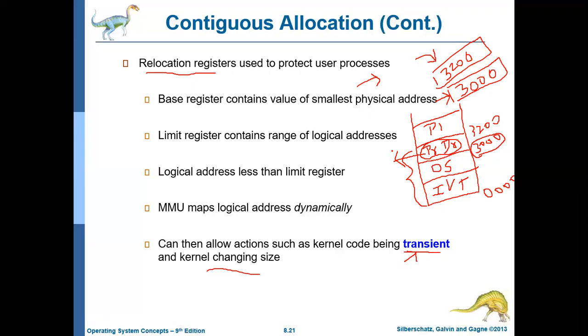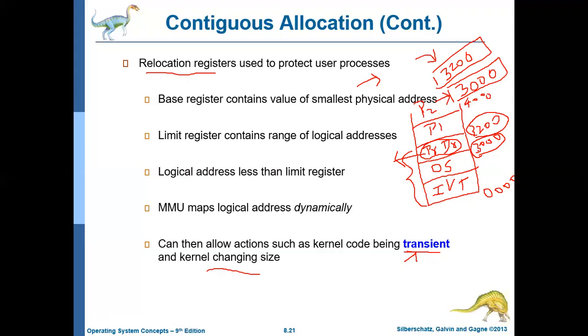Similarly, if the operating system size decreases, then also the base register content or relocation register content of other processes should be updated. If the base register content of P1 changes, then obviously P2's will also change, right? Are you getting it? So if P1 is stored from 3200 to 4000, then if the operating system ends at 3200, P1's base register will be 3200 and P2's base register will be 4000.